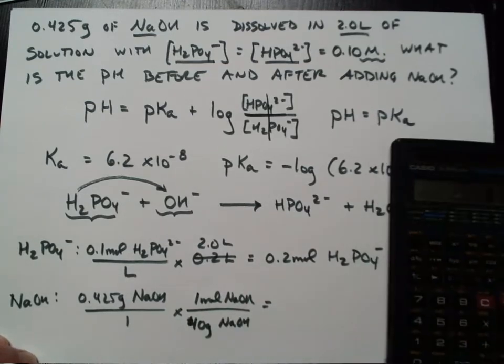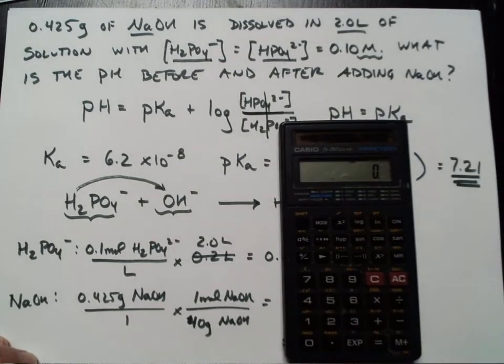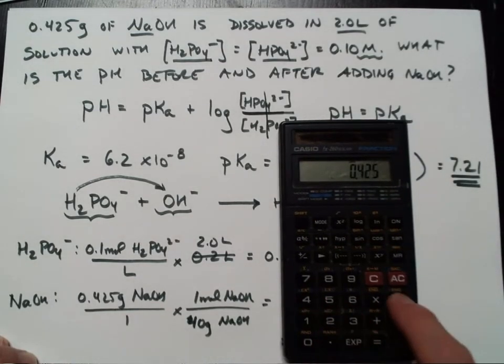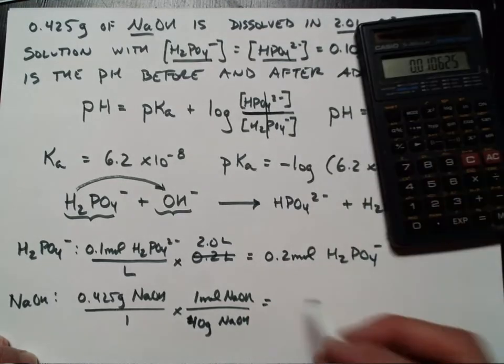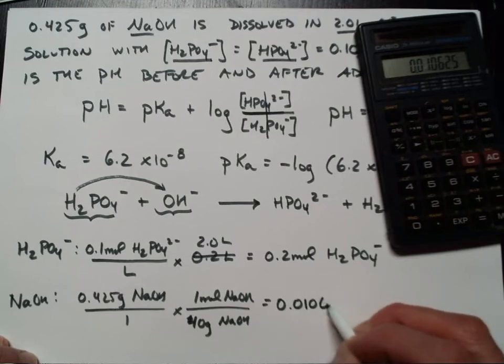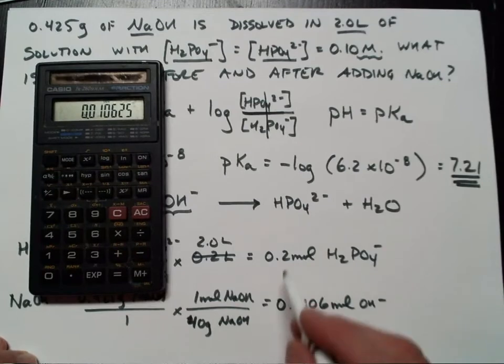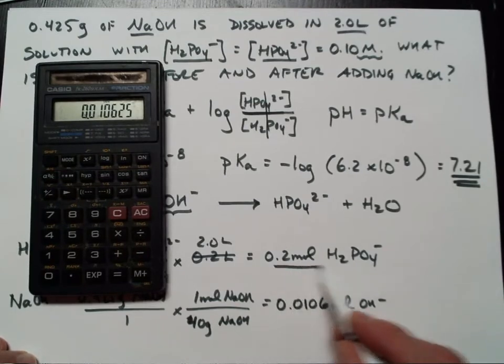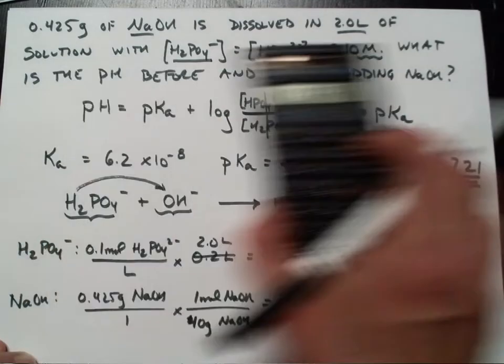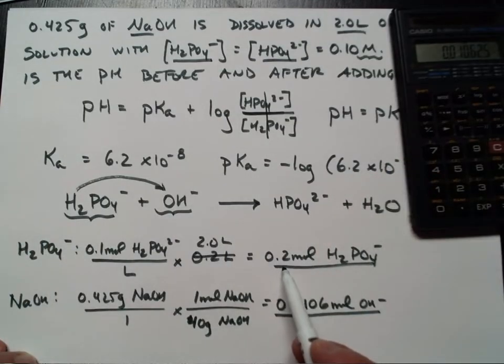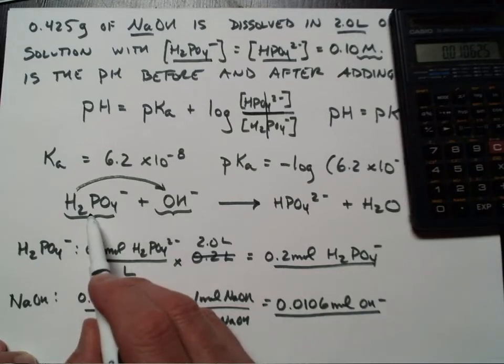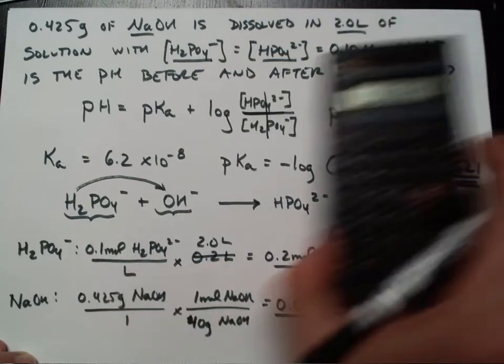Wonder which is going to be in excess. Let's find out. 0.425 divided by 40 is 0.0106 moles of hydroxide. So it looks like the dihydrogen phosphate is in excess. 0.0106 moles of it will react with 0.0106 moles of hydroxide.